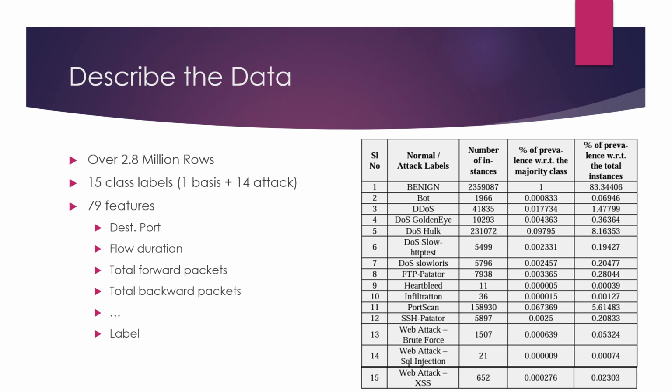Now, most of it is concentrated in the DoS, the denial of service Hulk attack. However, most other attacks have very little contribution. For instance, for SQL injection, out of over 2.8 million rows, there are only 21 instances of a SQL injection web attack.